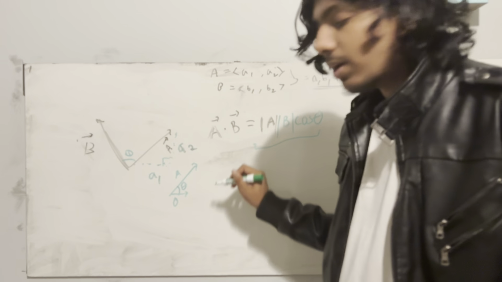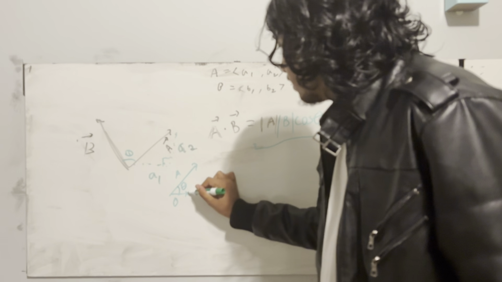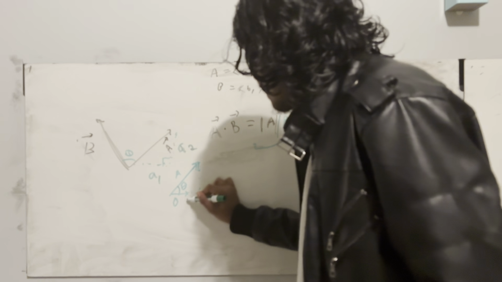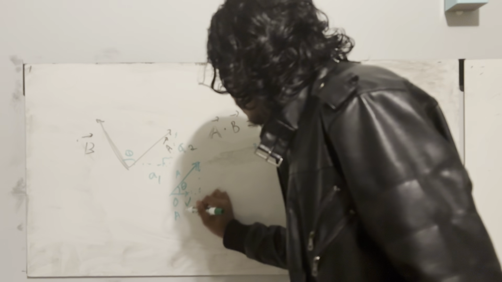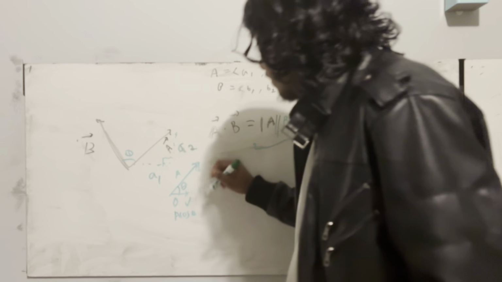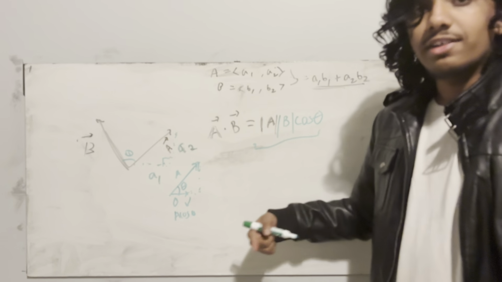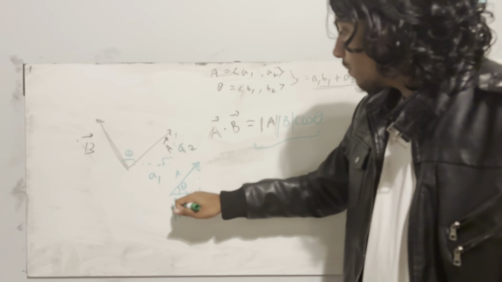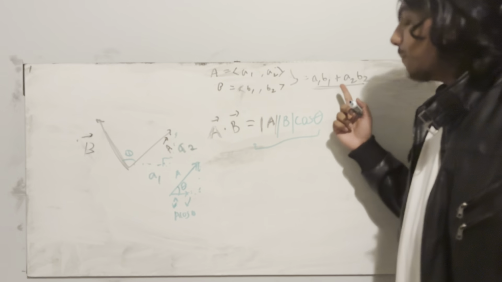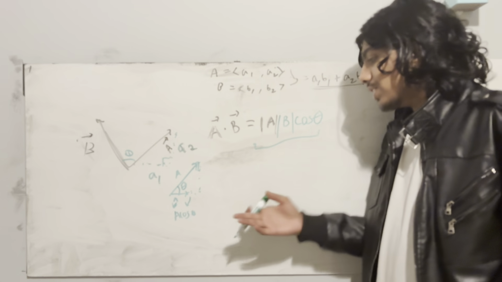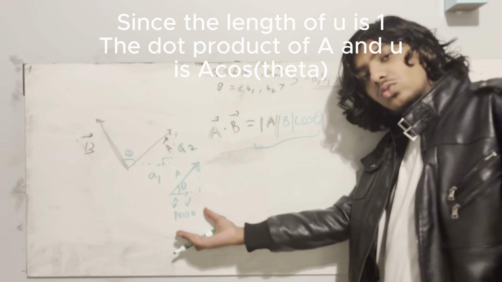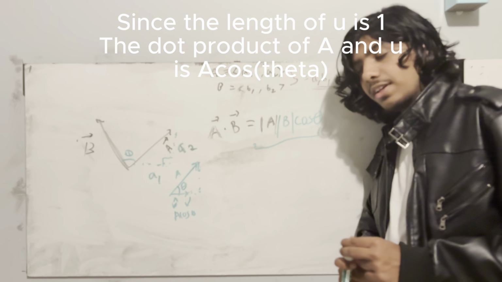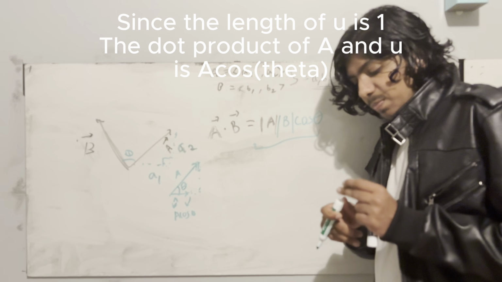You may wonder why I would want that. That's the component of A in the direction of U. A simple multiplication and addition can give you an answer that you would normally need trigonometry to get.